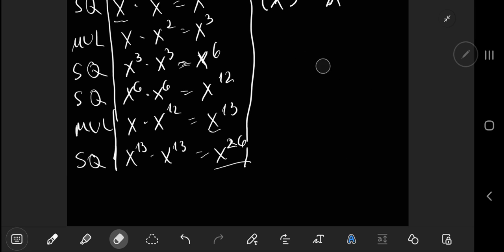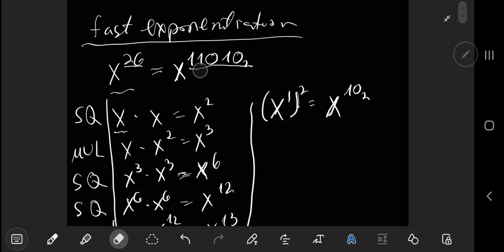I want to create the exponent in binary form. So if I start with x to the power of 1, I make it x to the power of 1 0, and then add 1, then 1 1 0 add 0, and so on, until I create 1 1 0 1 0.